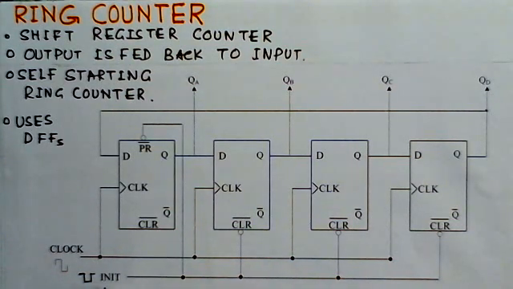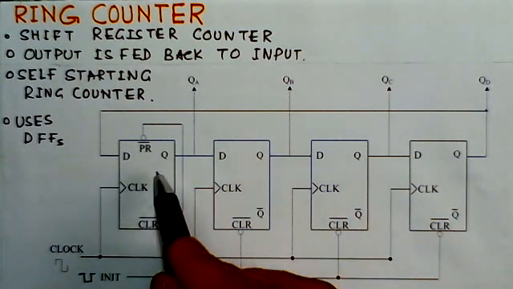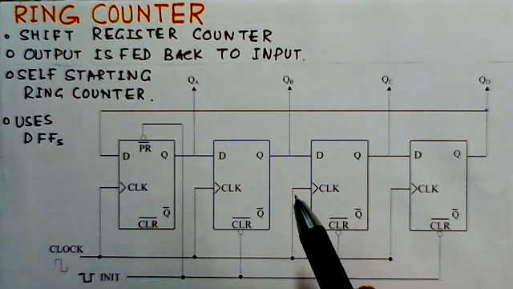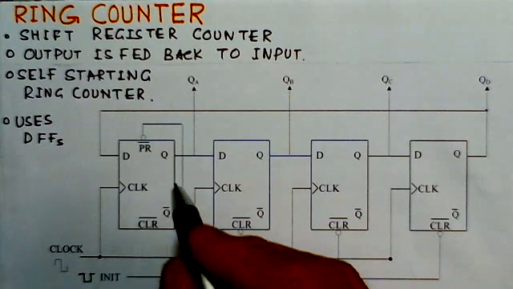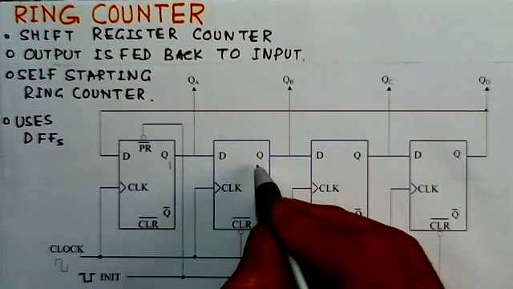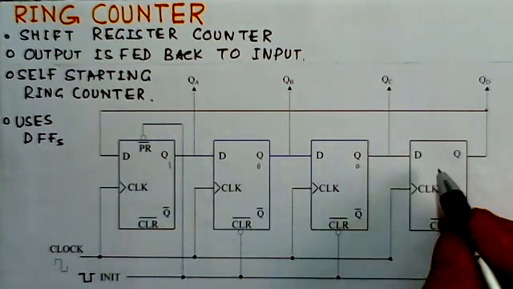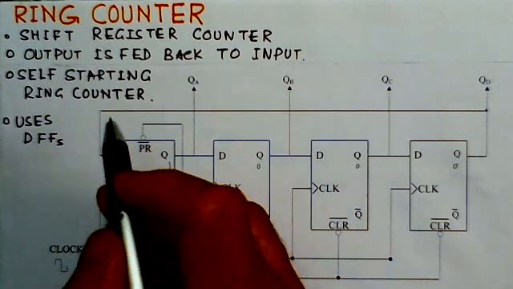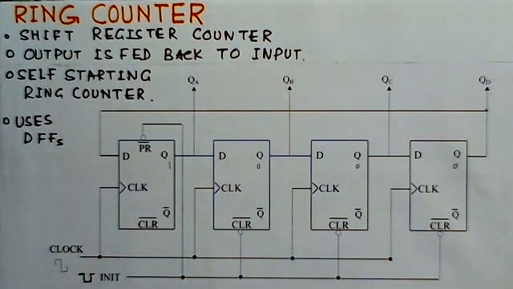So when the low pulse comes at the initializing signal, this flip-flop would be preset, meaning it will be set to 1 and the others will be cleared. So the output here will be 1, this will be 0, this will be 0, and this is 0. So the initial count on this register is 1 0 0 0. So that's why it's said to be a self-starting ring counter.